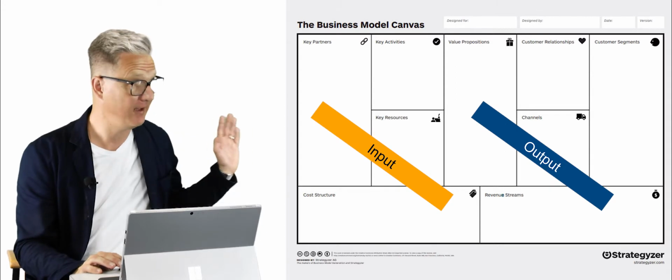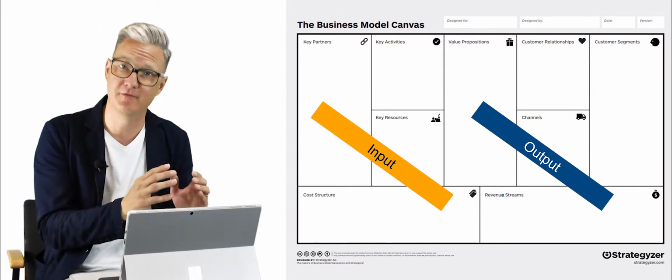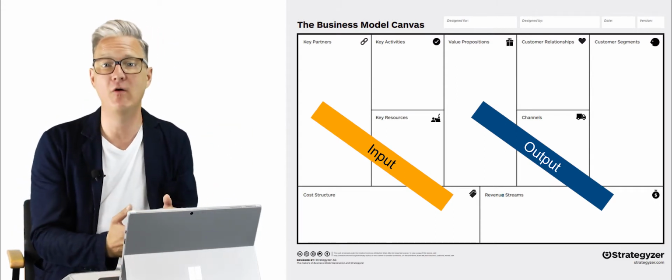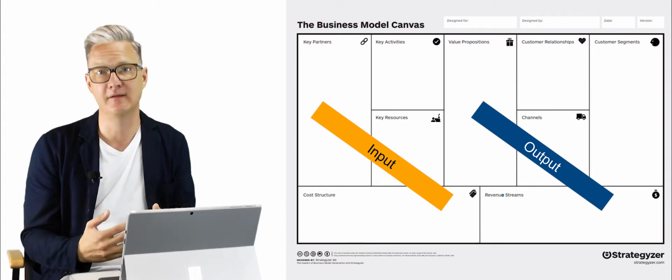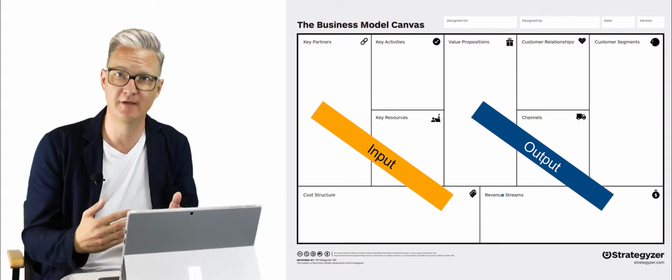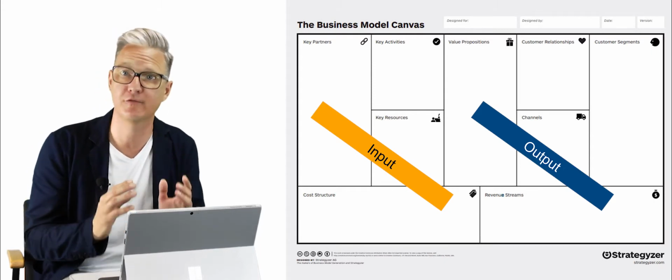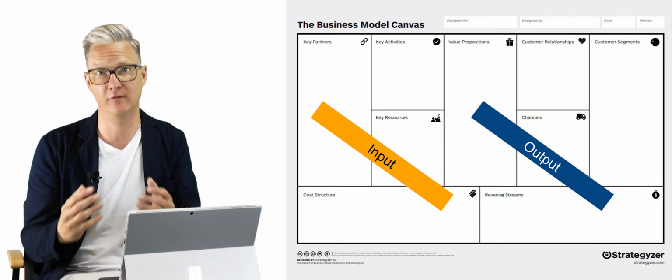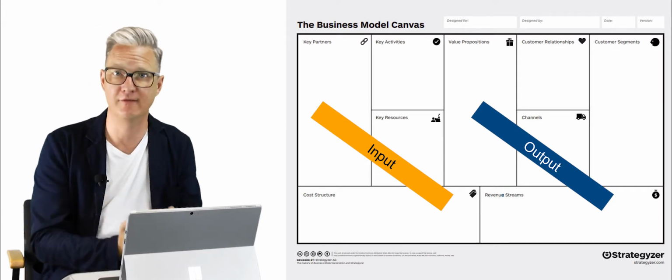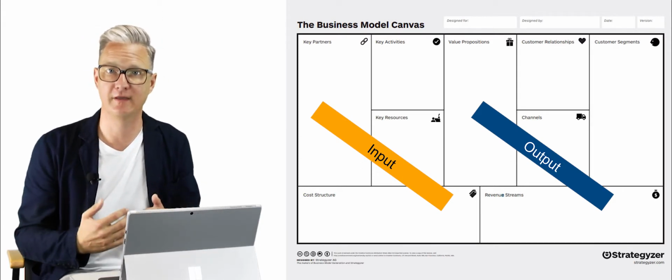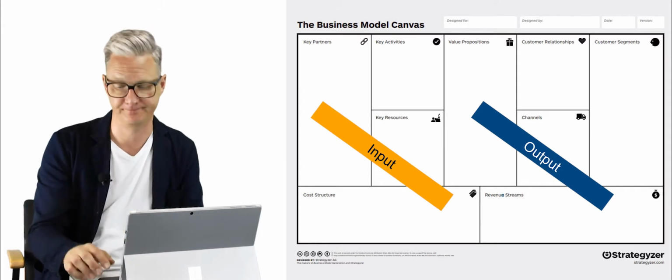The left-hand side describes the input factors. These are all the factors that are needed so that you can bring your products and services to the customers and earn money with it. So it's resources and all kinds of things, and costs and partners.